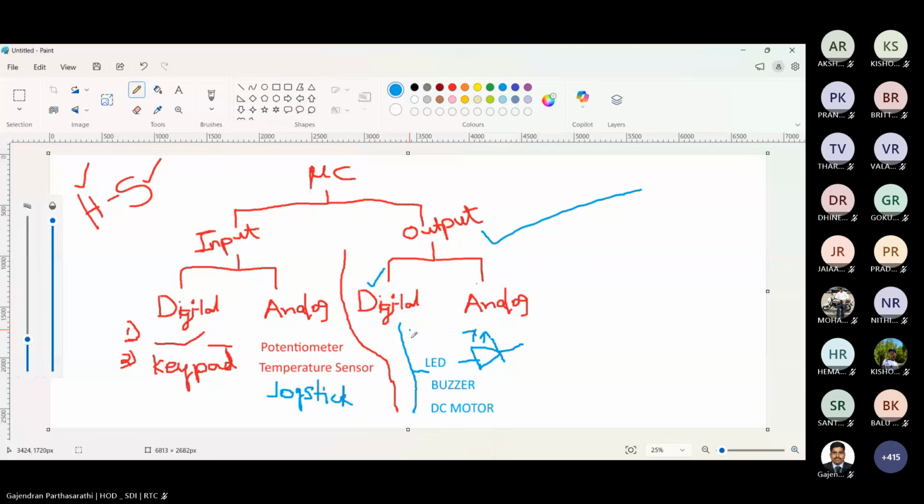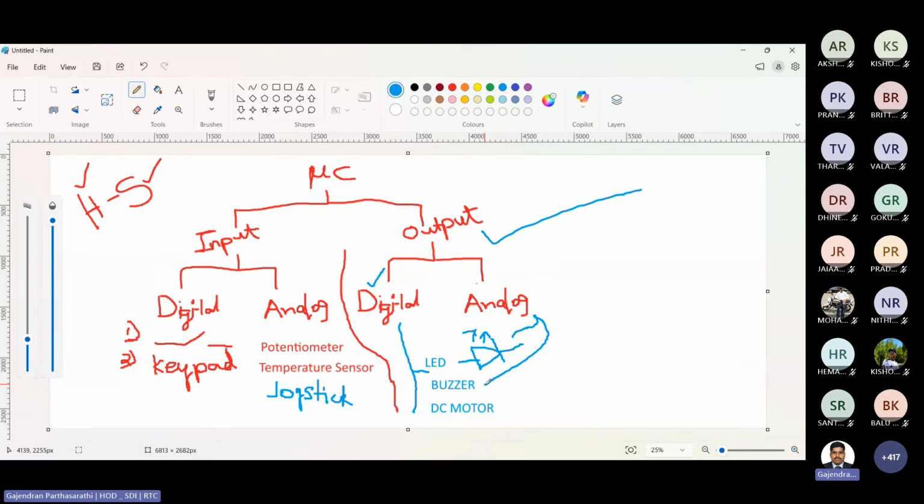Now this LED, if you are considering only on and off, it is digital. If you are thinking about the brightness variation of the LED, it comes under analog. Again, if you are making the buzzer on and off alone, it is digital. If you are making the sound variation, again, same buzzer, we can use it for analog output.